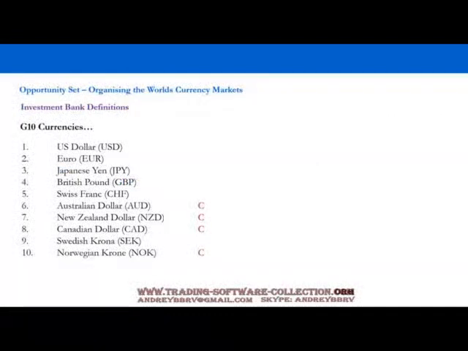As professional traders, what we try to do all the time is to seek out, in any market, volatility.